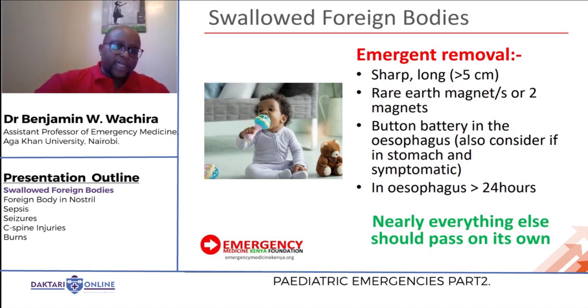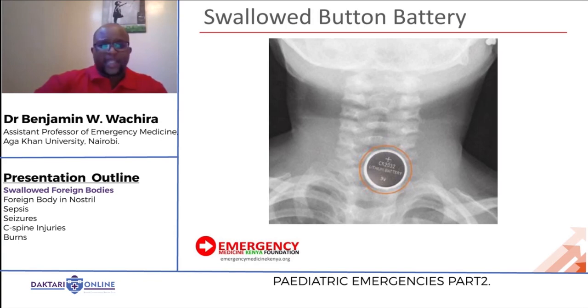Everything else tends to pass down on its own, okay? So it'll go down the GI tract, and you don't necessarily have to worry about most of the things that kids swallow. But as I say, the one thing you really want to worry about is this button battery. It's very important as a healthcare provider working in the emergency department to distinguish between a coin and a button battery, because a coin is fine.